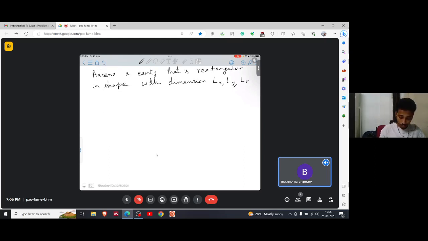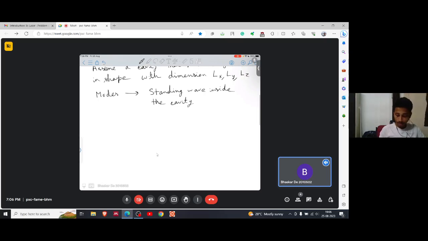So the modes we are talking about are basically standing waves inside the cavity. So we need to count the number of standing waves inside the cavity.